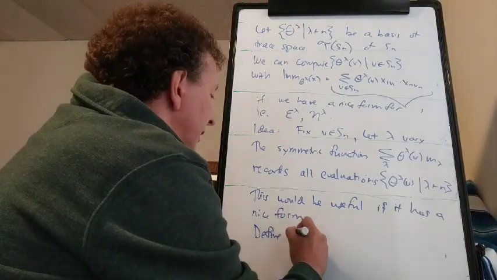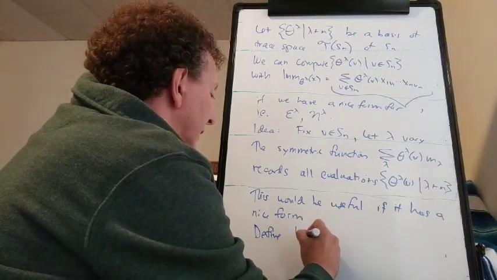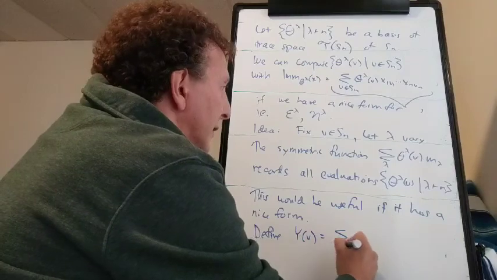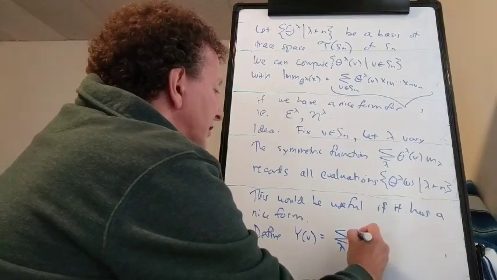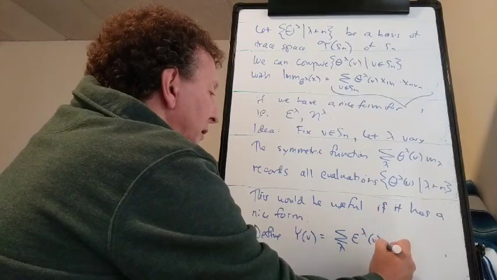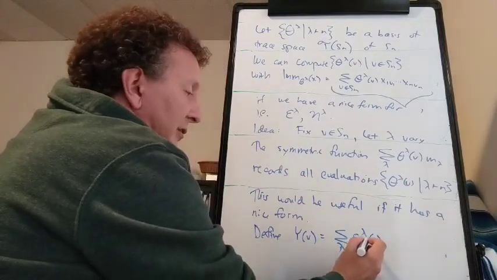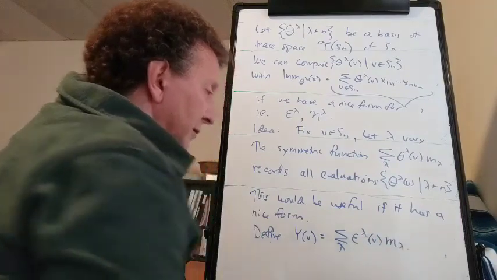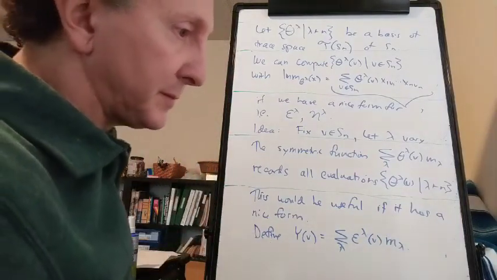So let's define capital Y of v to be the symmetric function which has induced sign characters evaluated at v, the induced sign character indexed by lambda, next to the monomial symmetric function m lambda.